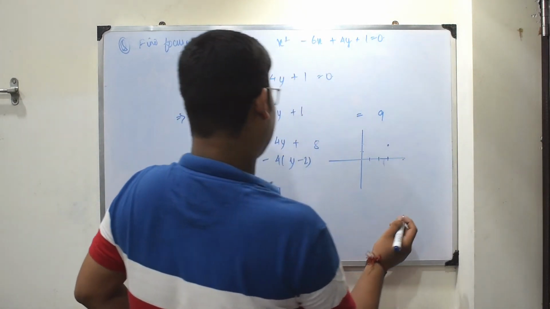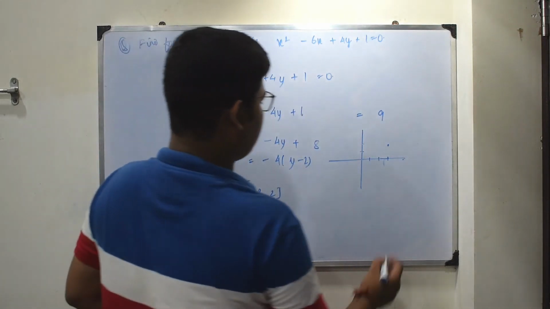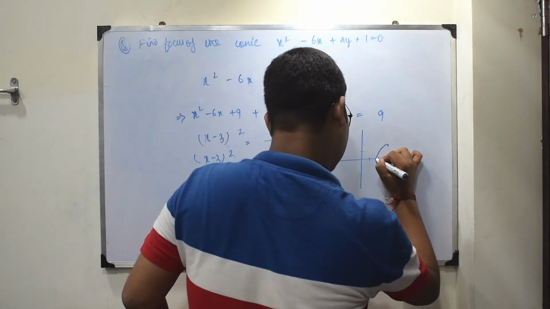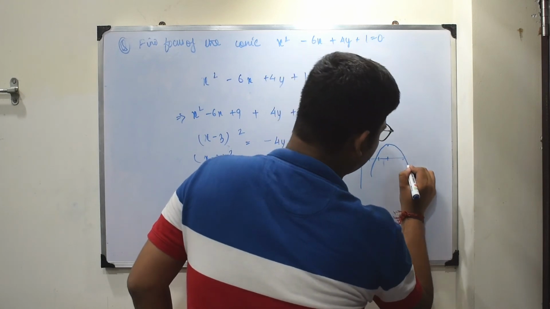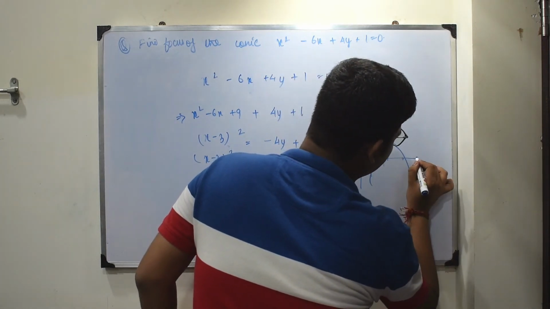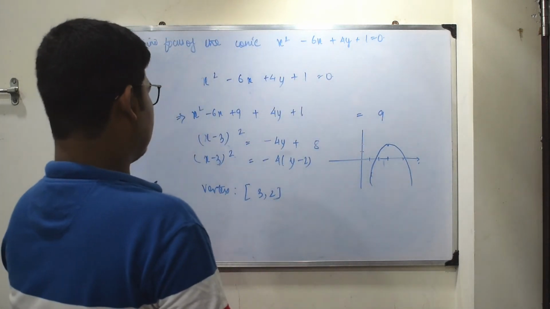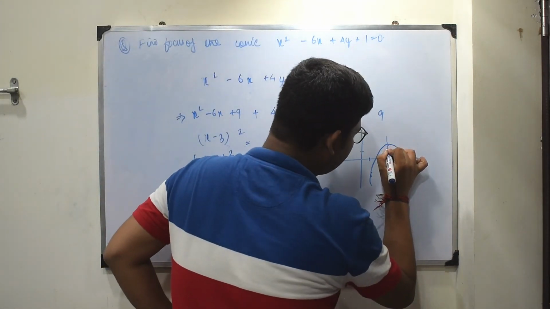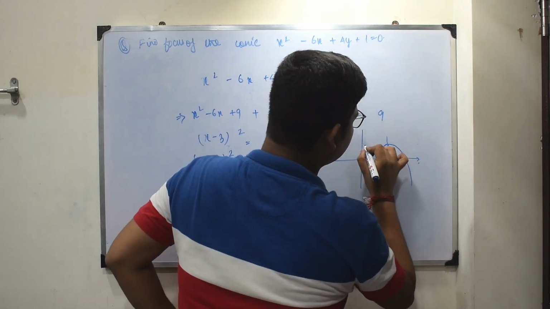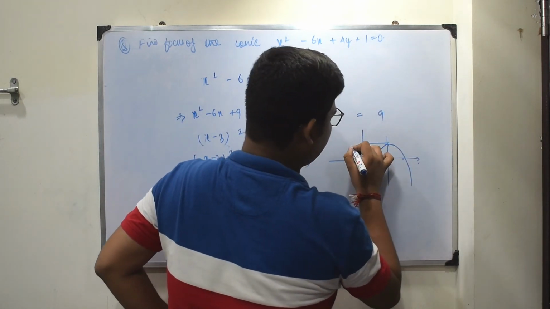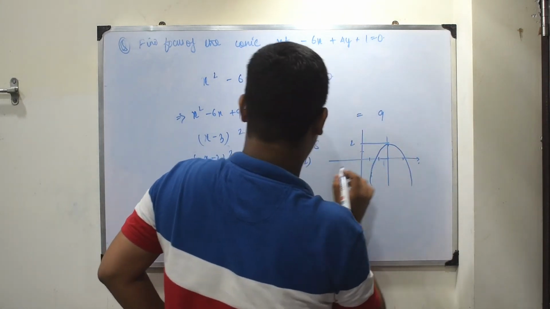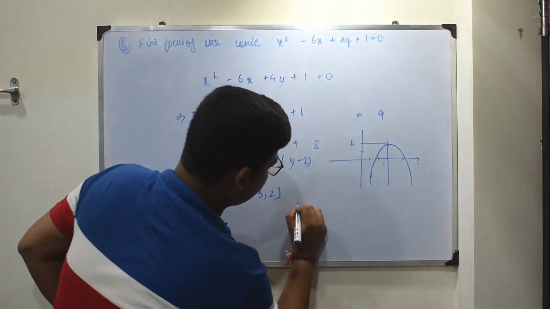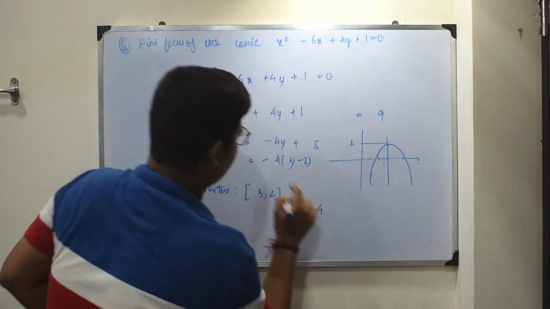It's somewhere here. The point is here, and the parabola is somewhere like this. We have to find the focus, right? So focus is at a distance a. This is 2, and here 4a is equal to 4.